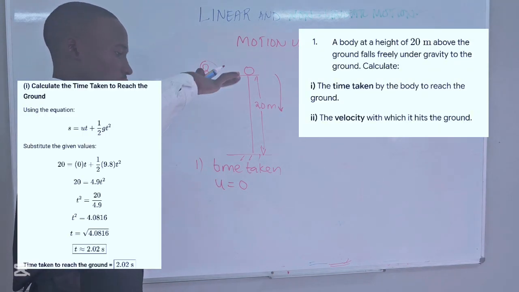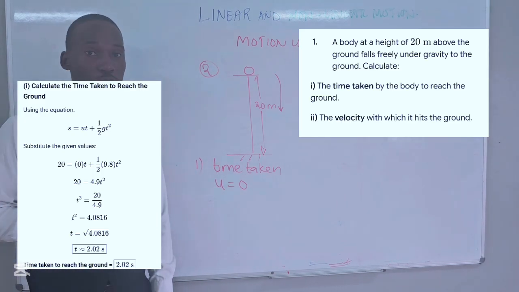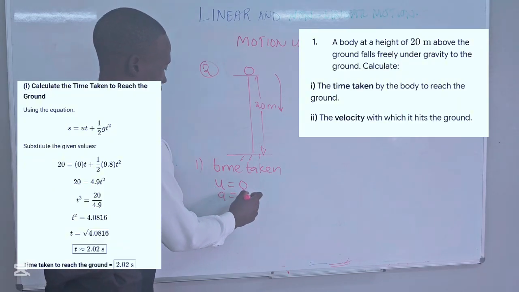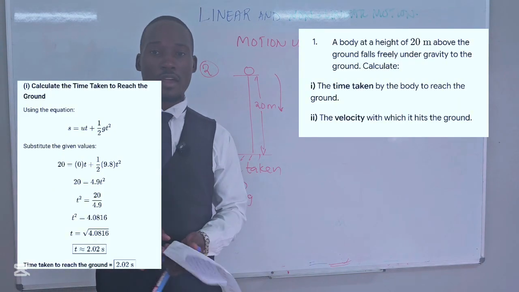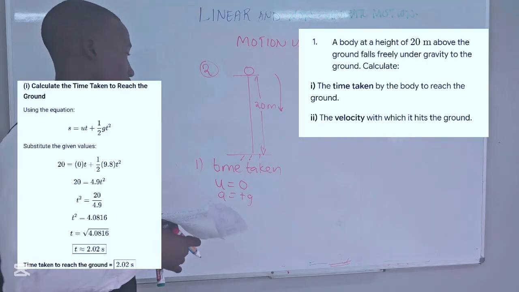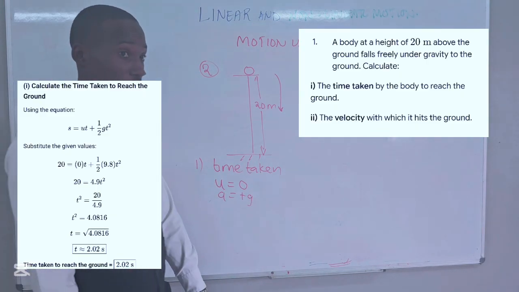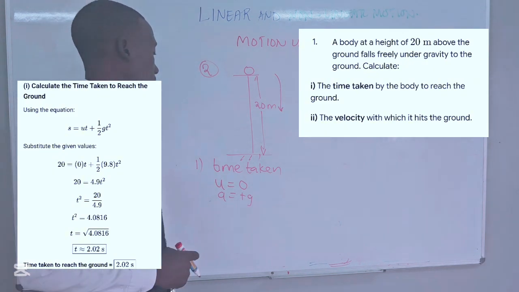Now, since it's moving vertically downwards, our equations are going to take a positive acceleration due to gravity. So the equations we are going to use will have a positive in between because it is moving under the influence of gravity, in the same direction as gravity.